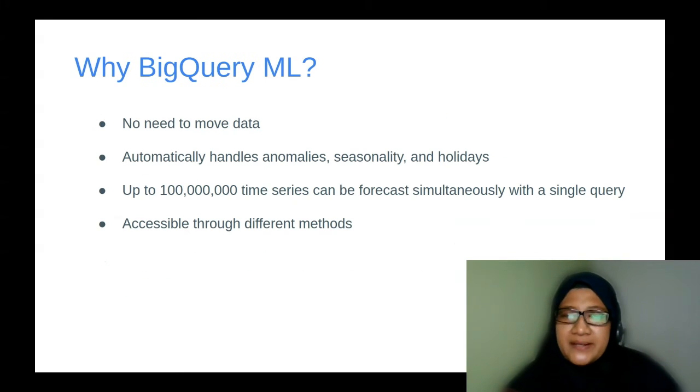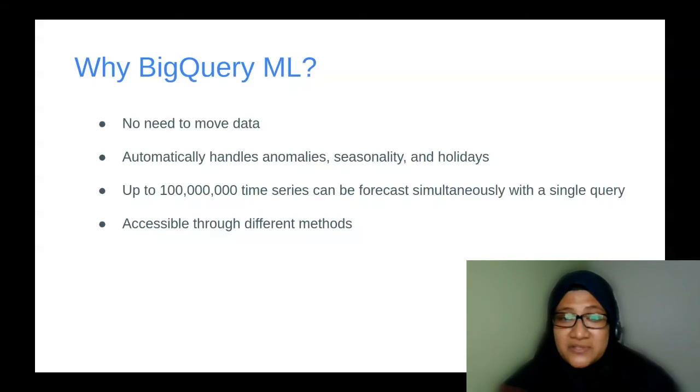Why use BigQuery ML? When your company already has its data in Google BigQuery, we don't need to move data. It's pretty simple and easy. It makes it a breeze to analyze your data here, there, and there. It also automatically handles anomalies, seasonality, and holidays.